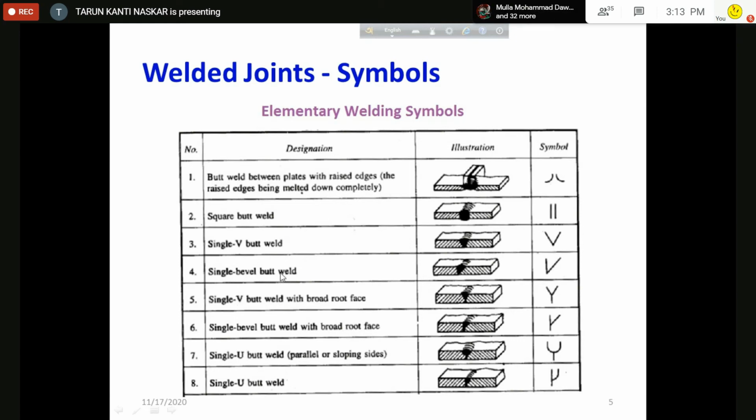Similarly, single bevel butt weld with broad root. So these are the different types of weldment, and these are the symbols. You will find this in any weldment chapter in any book.